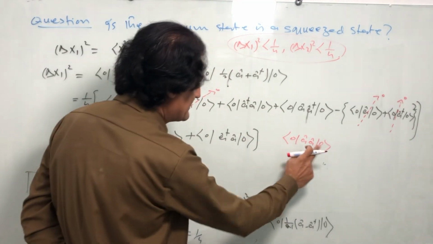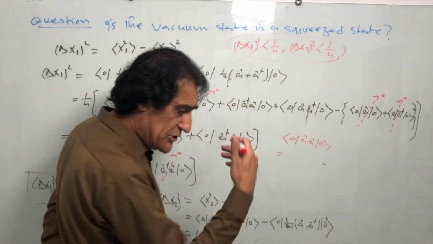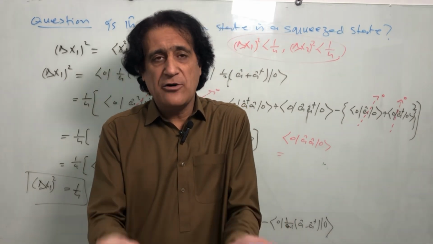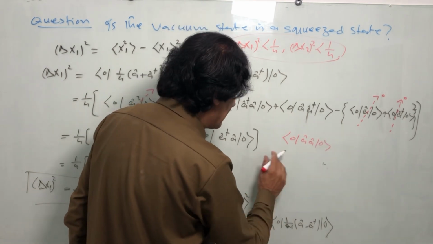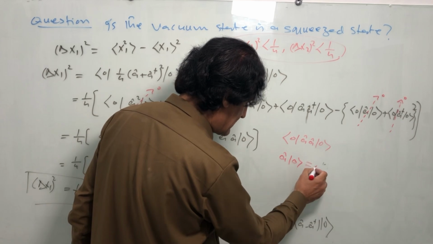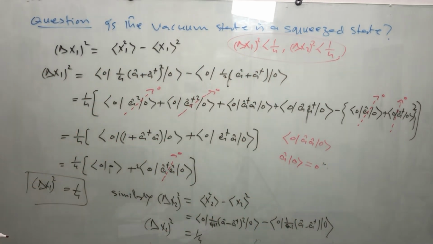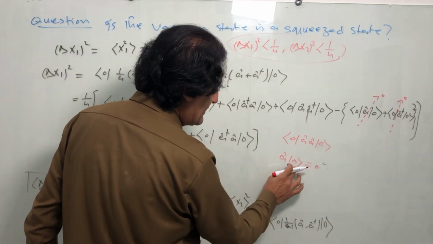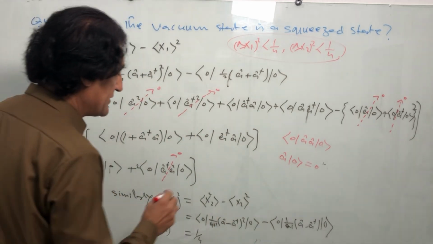If we apply a on the vacuum state, the annihilation operator, there is no photon, so it must be equal to 0 because there is no photon. So it directly goes to 0, and we can get 0.